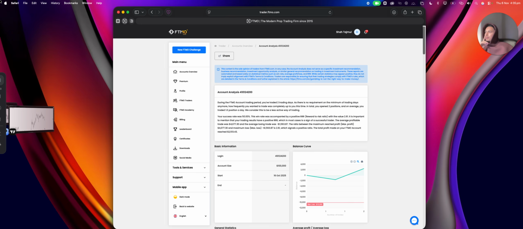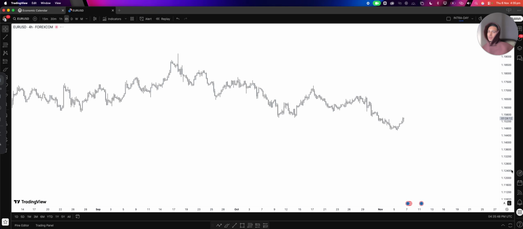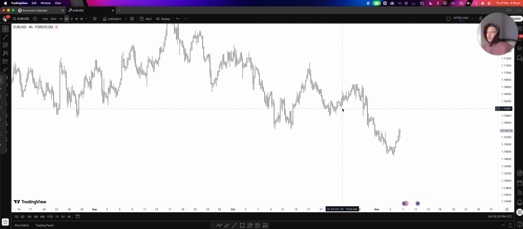Doesn't really show what I'm looking for. However, we can just work it out here. We entered the trade on the Friday. We closed out on the Tuesday. 11 days. Held it for 11 days.